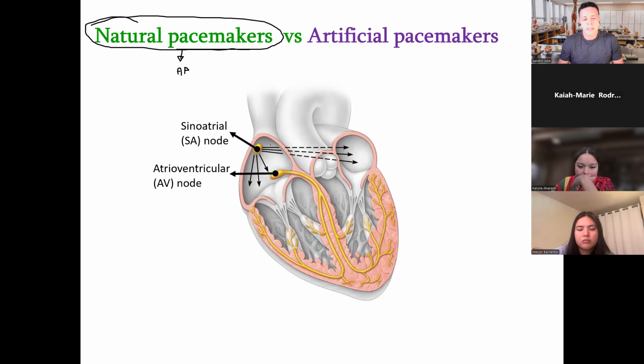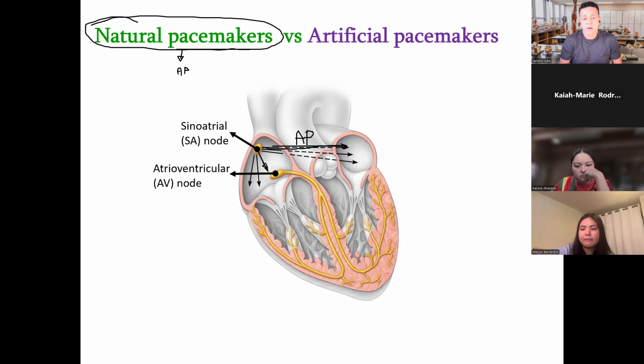Can you guys see the arrows spreading from the SA node? These arrows right here, guys, they're representing action potential. Okay? So the AV node and the SA node produce their own electrical impulse, and then they're going to send the electrical impulses through the rest of the heart wall.